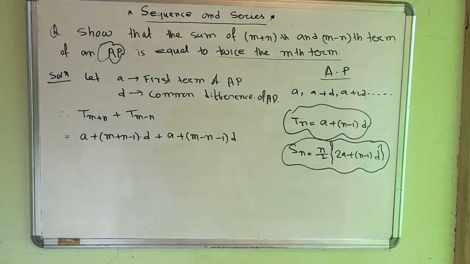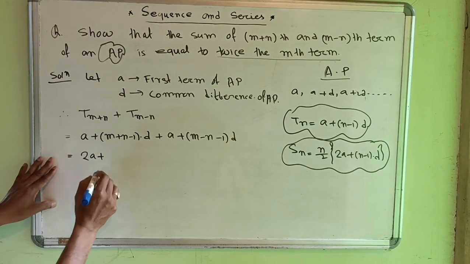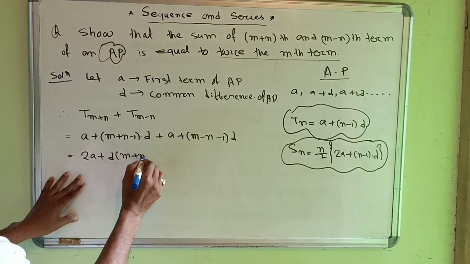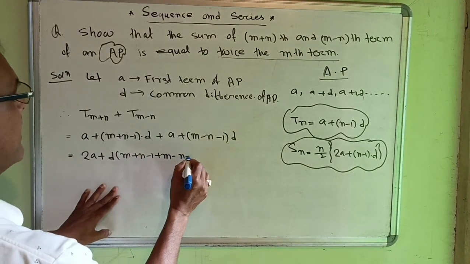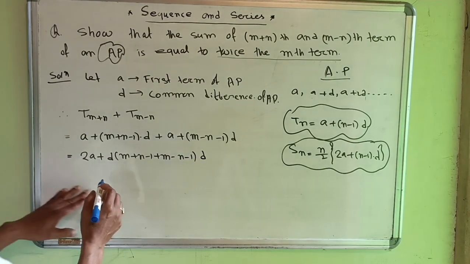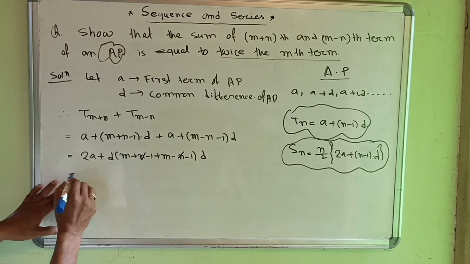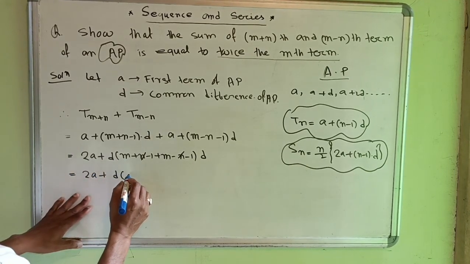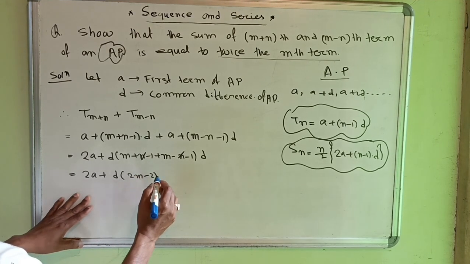This is equal to twice a plus, taking d common, m plus n minus 1 plus m minus n minus 1 into d. Then n cancels, and we get twice a plus d into twice m minus 2.